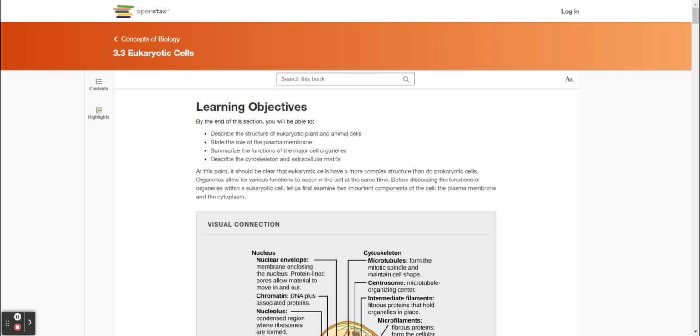At this point, it should be clear that eukaryotic cells have a more complex structure than do prokaryotic cells. Organelles allow for various functions to occur in the cell at the same time. Before discussing the functions of organelles within a eukaryotic cell, let us first examine two important components of the cell, the plasma membrane and the cytoplasm.